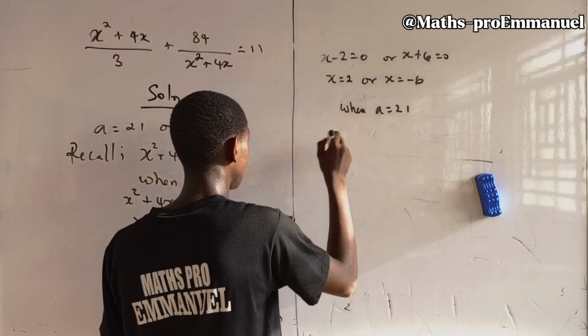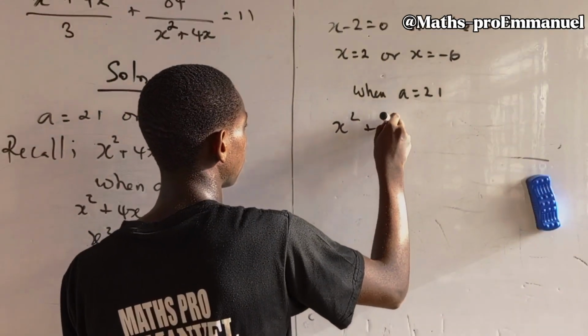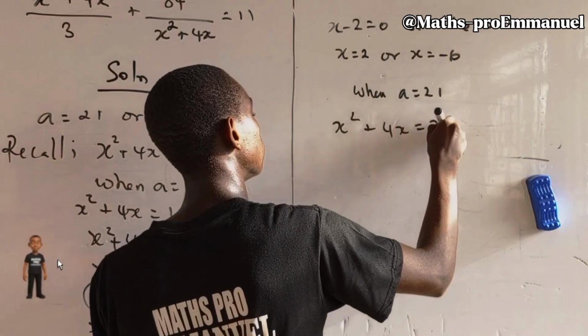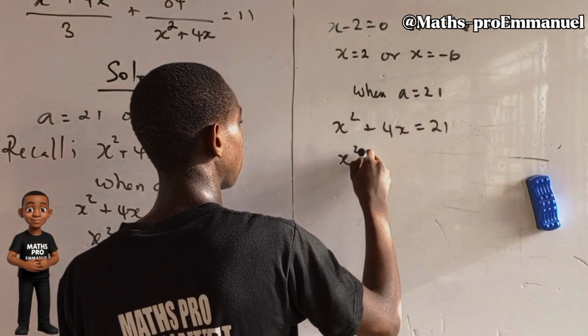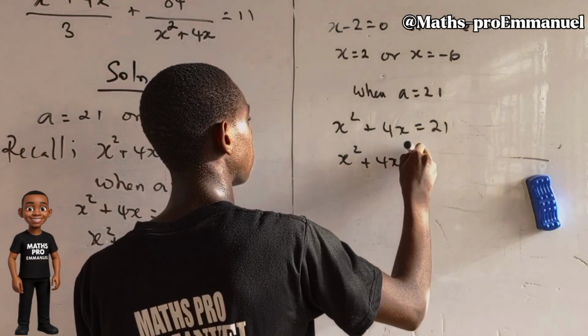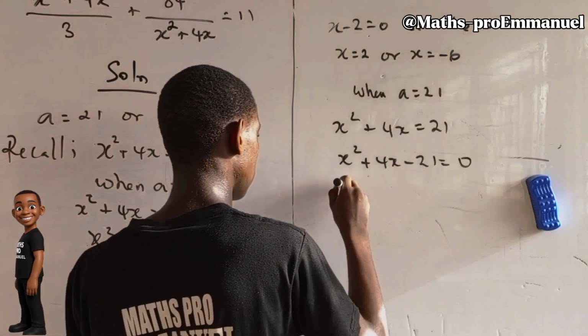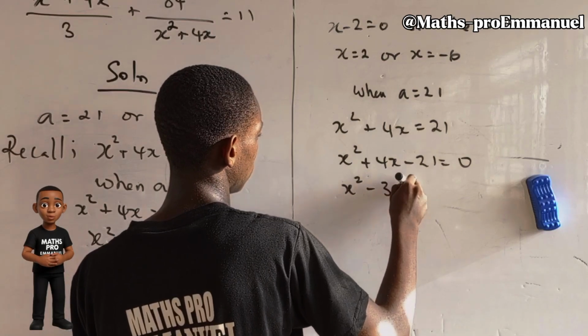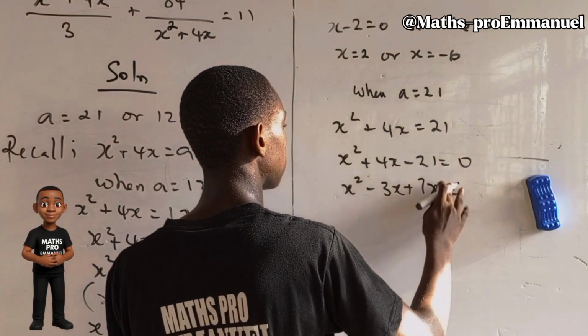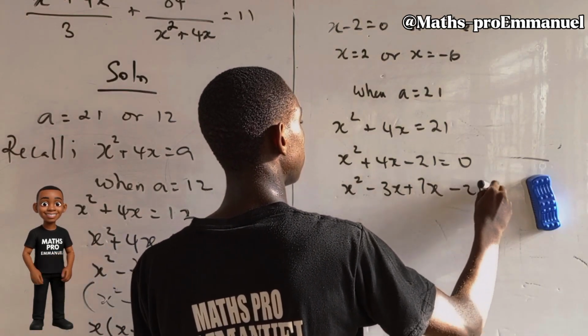So when a is 21, x squared plus 4x will be equal to 21. So x squared plus 4x minus 21 is equal to 0. So using factorization method, x squared minus 3x plus 7x minus 21 is equal to 0.